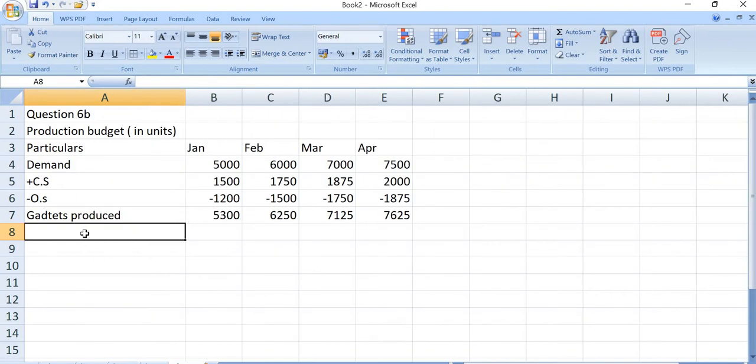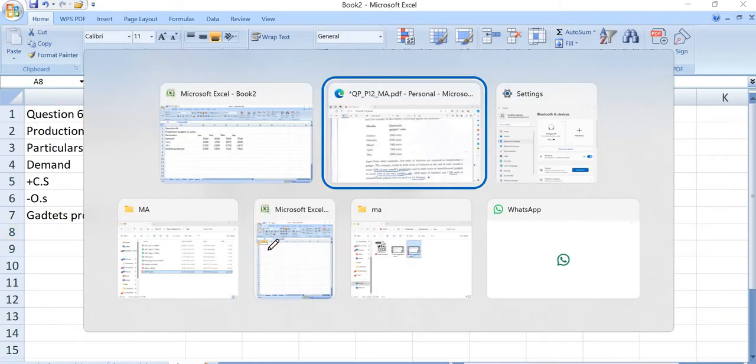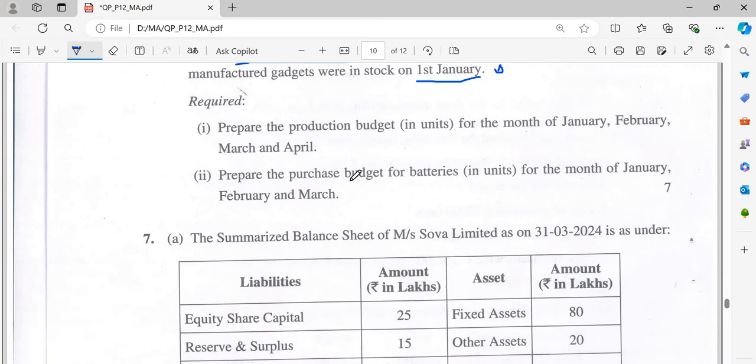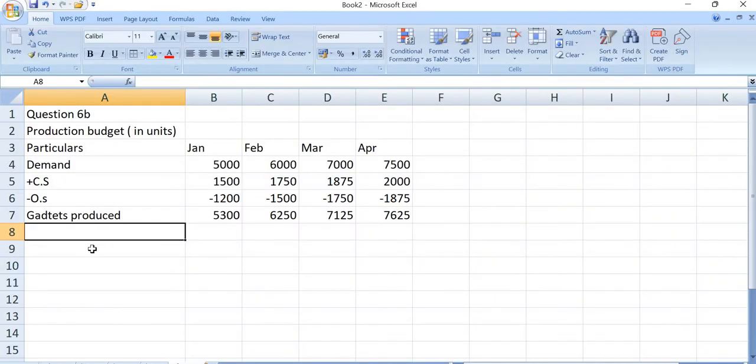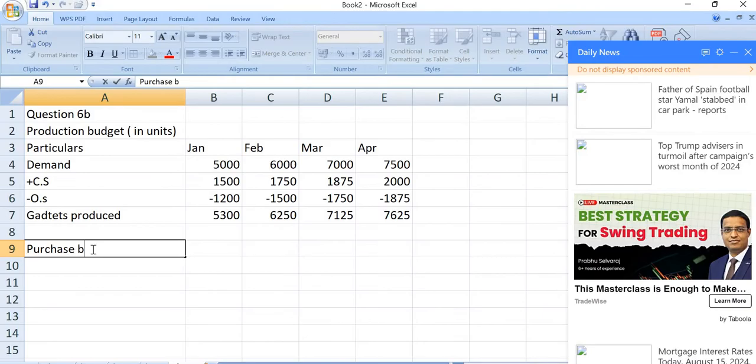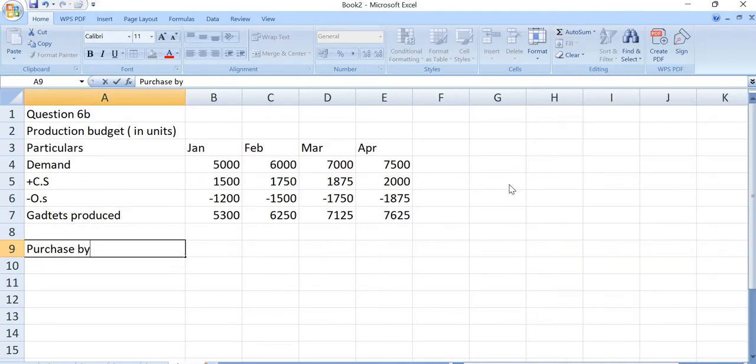Now we have to work out the purchase. What are we going to purchase? Purchase of batteries. Now we need to prepare the budget for batteries.